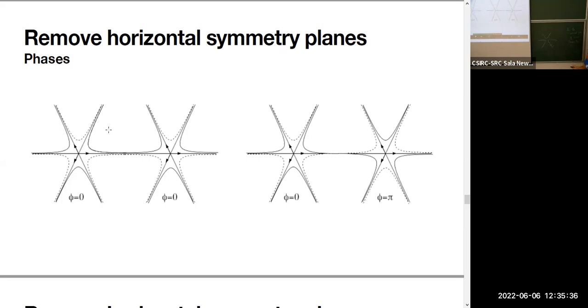Now, what if two saddle towers are glued together? If you intersect with a symmetry plane, it goes like this, and the turn is always in the same direction. If I glue one saddle tower at phase 0, the other saddle tower at phase pi, so they are called out of phase, and they turn in opposite directions.